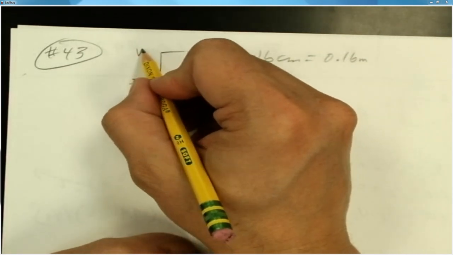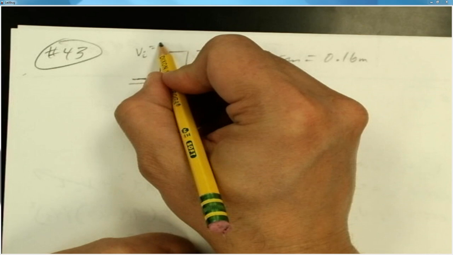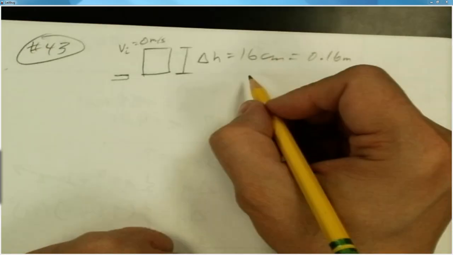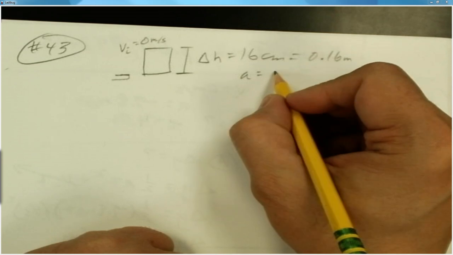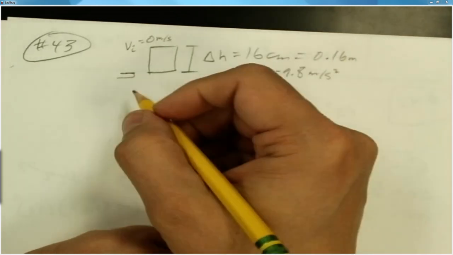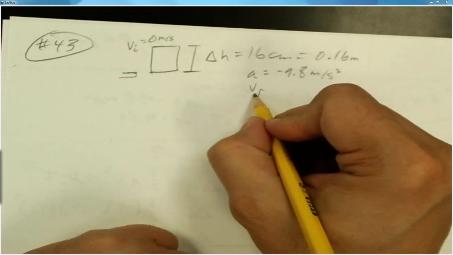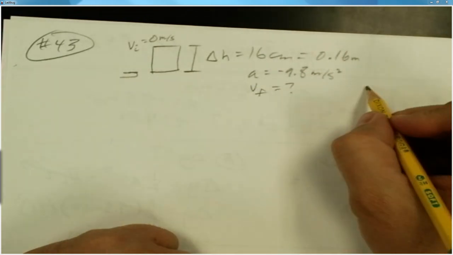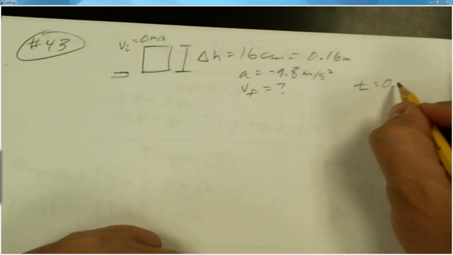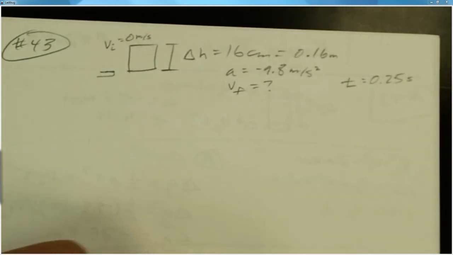The initial velocity is equal to 0 meters per second. The acceleration is negative 9.8 meters per second squared. I do not know what the final velocity is. And the time is 0.25 seconds.